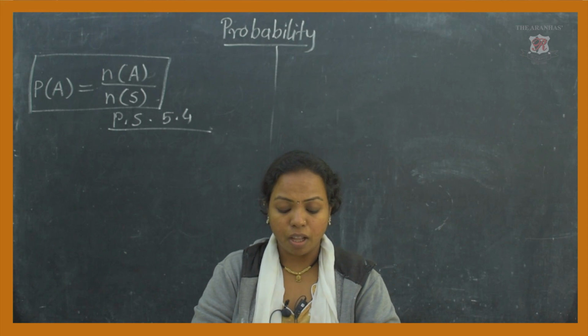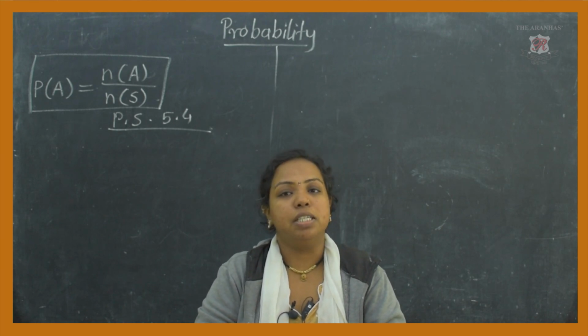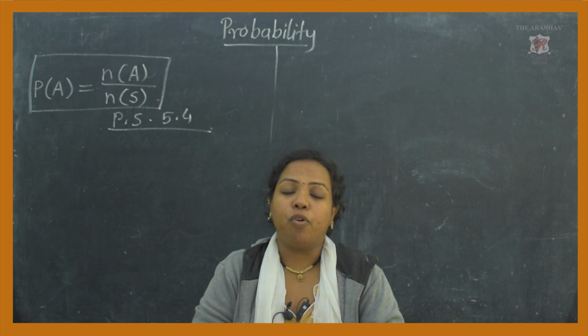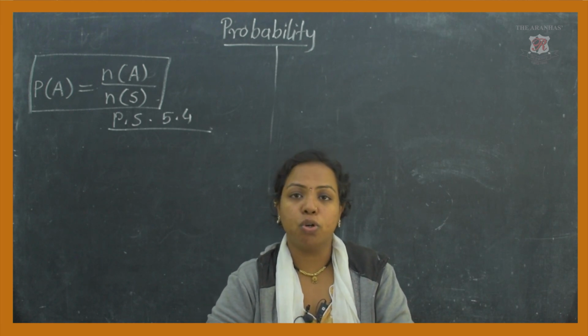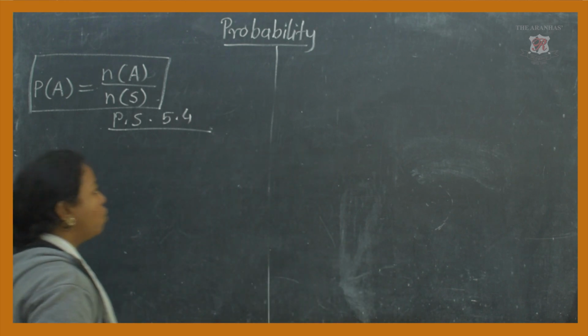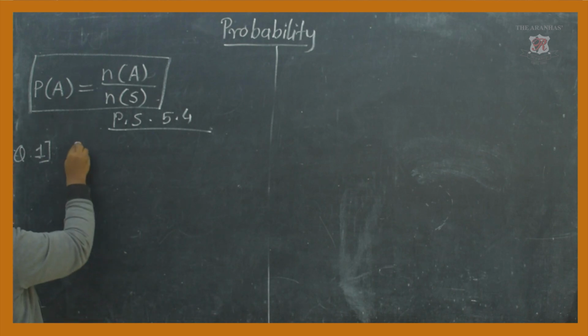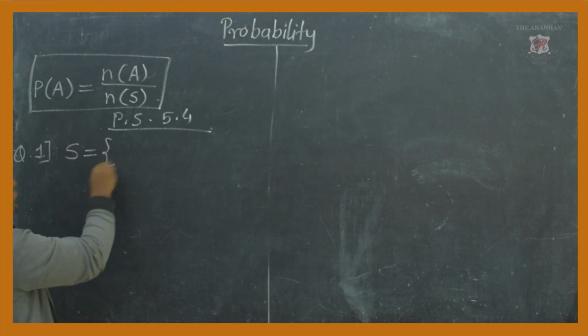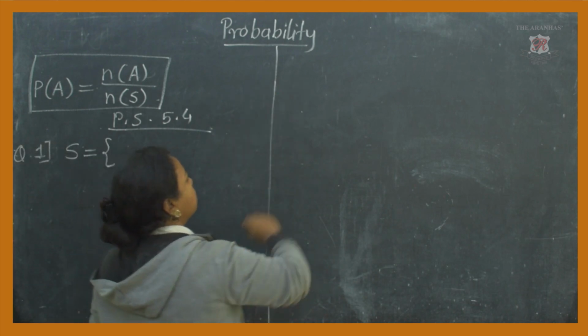Now first of all, we have to calculate the sample space for the given random experiment. It is given that 2 coins are tossed. So how to calculate the sample space for that? Now you know how to calculate the sample space, we have already done all such things. Again I am trying to explain that.